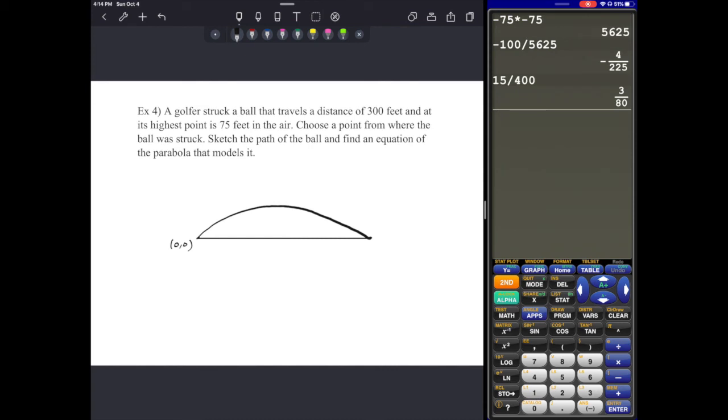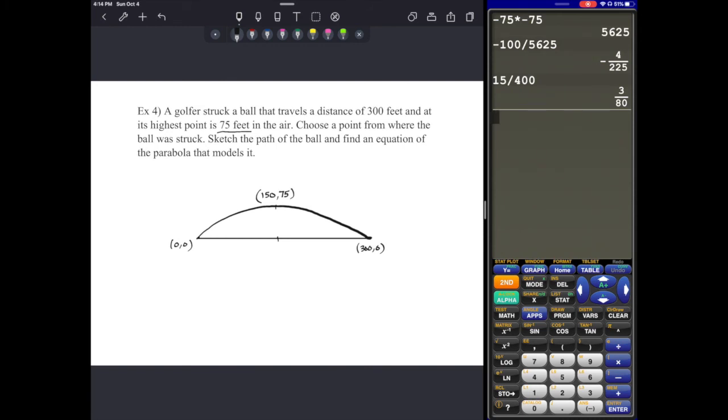I know the golf ball's been hit 300 feet, so this would be (300, 0). And then halfway, we're at 150 feet, and it said that its highest point is 75 feet in the air, so we'll put 75 as the y-coordinate.